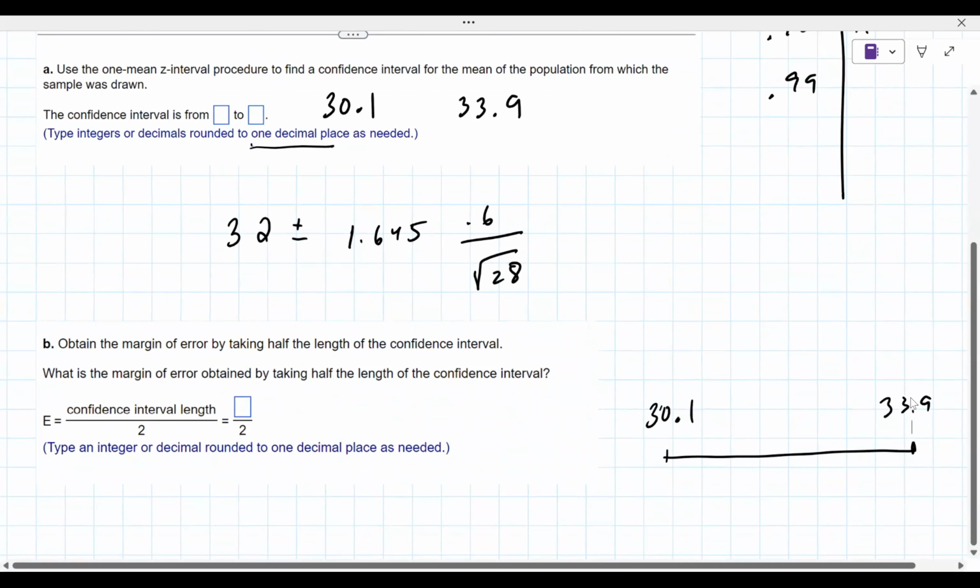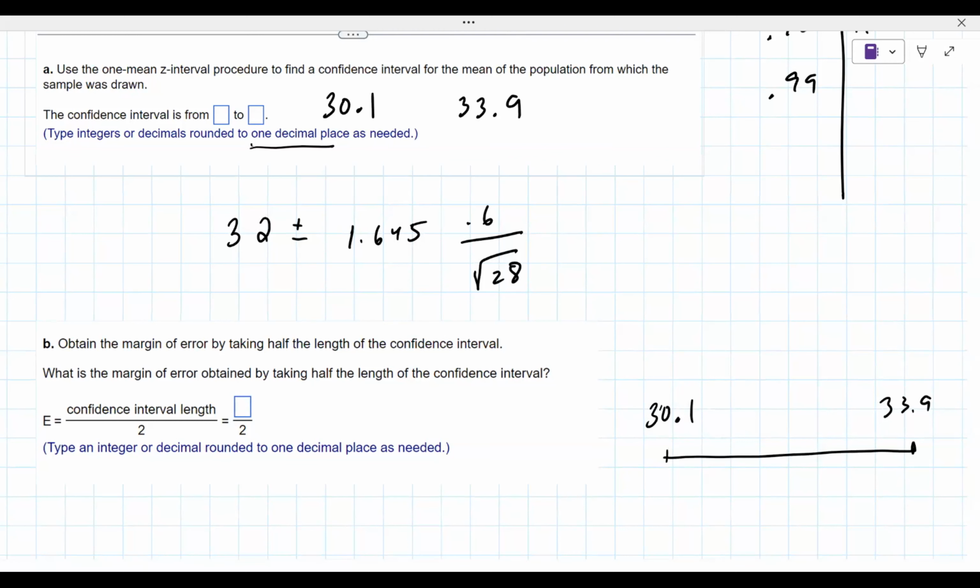And you get that by taking the right and subtracting the left. 33.9 minus 30.1.